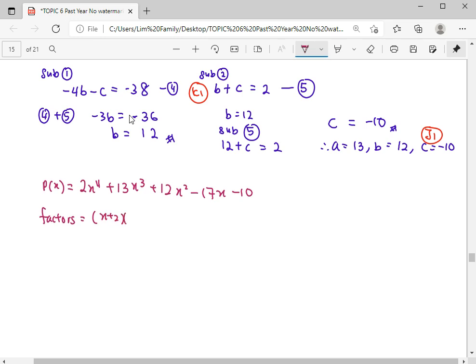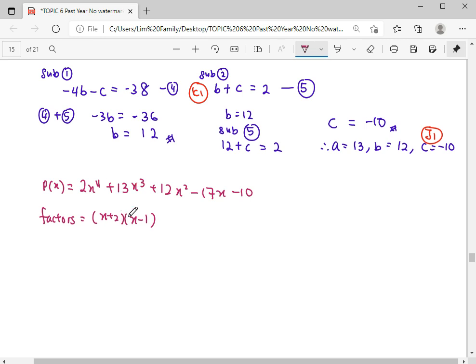X plus 2, x minus 1. So the basic concept: when we have a quadratic, we have two factors. When we have a cubic, we will have three factors. When we have a polynomial of power four, we will have four factors. So this is common knowledge.